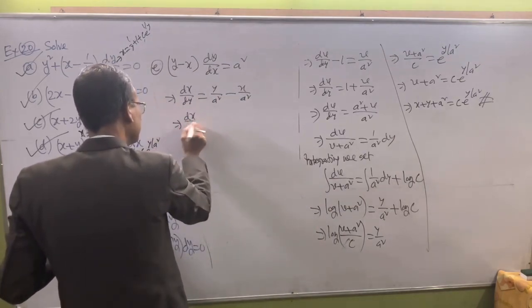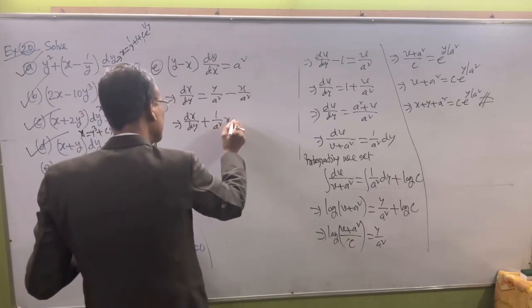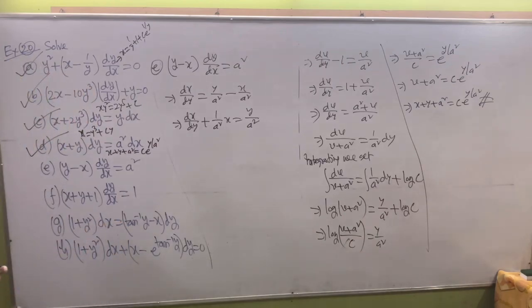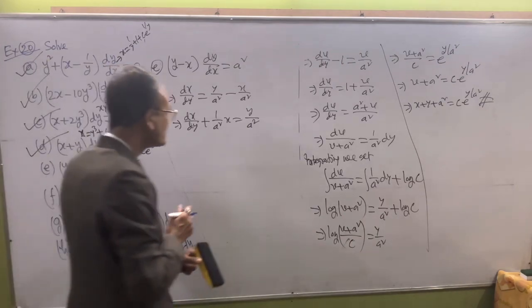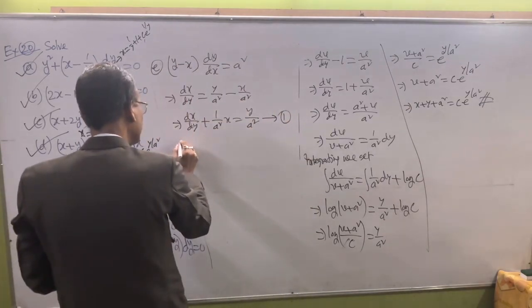This means dx by dy plus 1 by a square x equal to y by a square. It is number 1, it is linear.